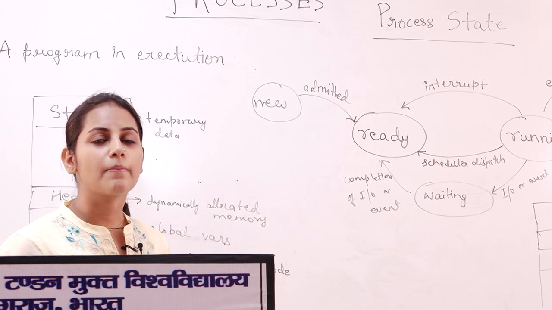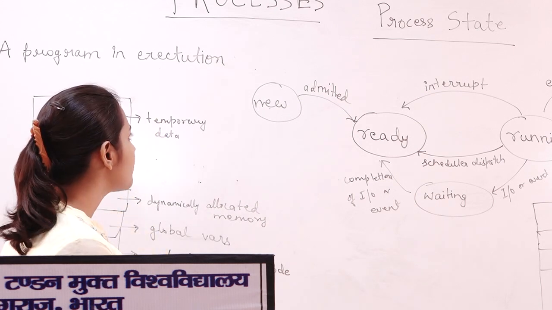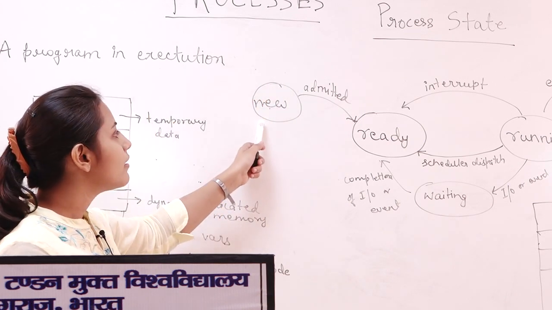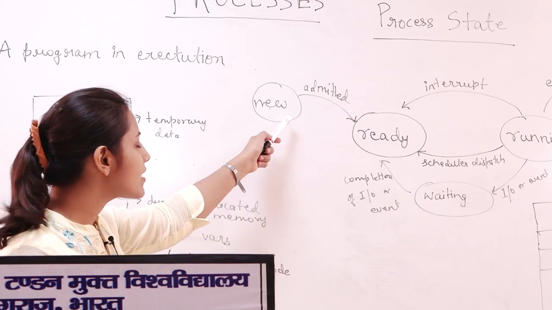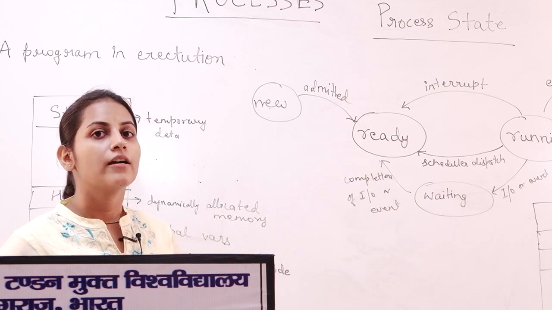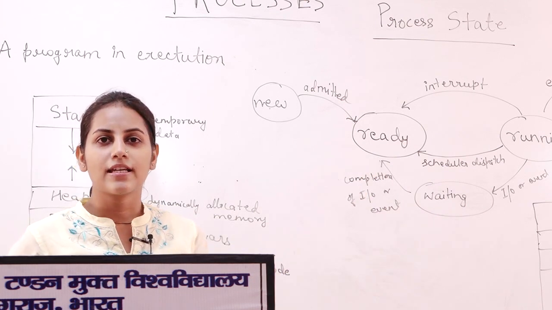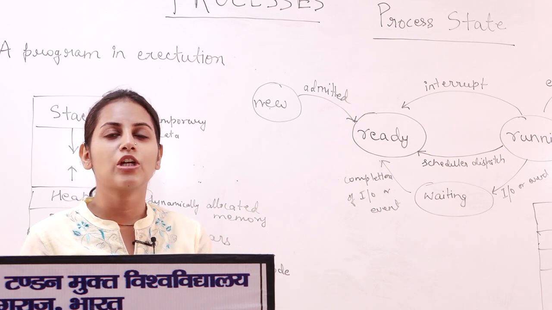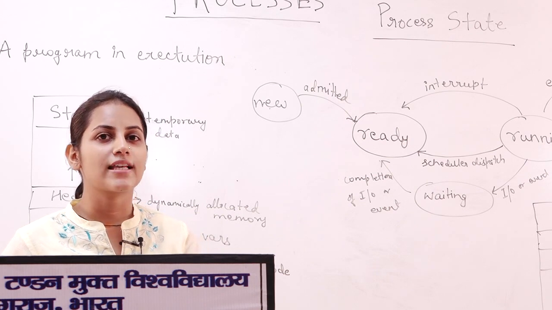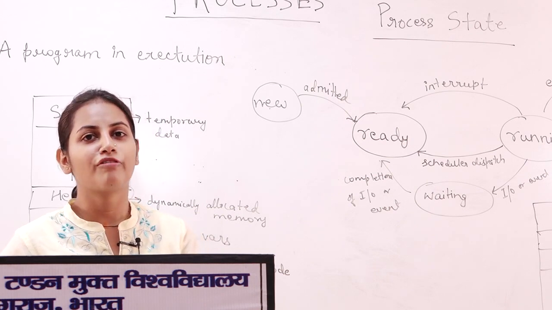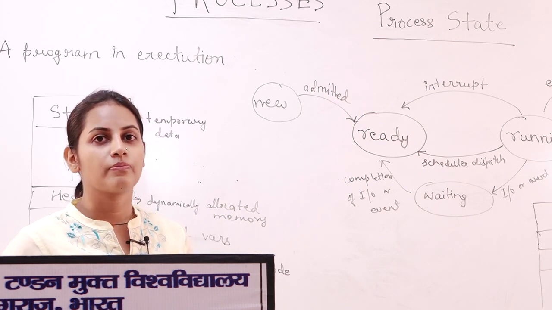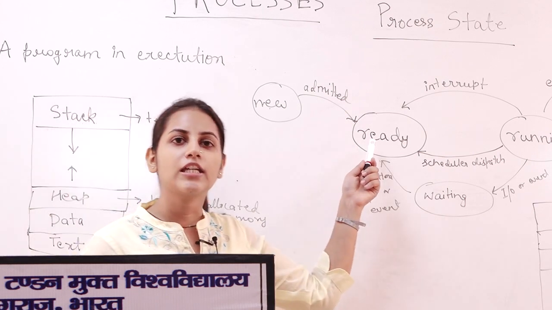Once a process is submitted to the operating system, it is shown here in the figure as a new process. This process gets into the ready queue, which lies in the main memory. You know, whenever a process is executed, the task of execution lies with the CPU, and CPU chooses one of the processes that are available in the main memory for execution. CPU chooses these processes from a queue. This queue is known as the ready queue.